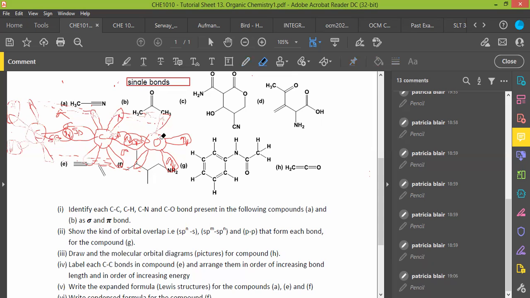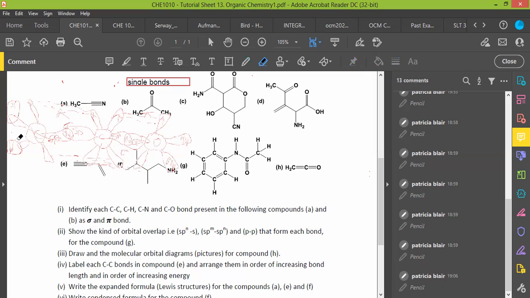Label each CC bond in compound E and arrange them in order of increasing bond length and bond energy. I think this one I had explained last time, yesterday, that the bonds that are being formed here can be sp2 hybridized or sp hybridized.